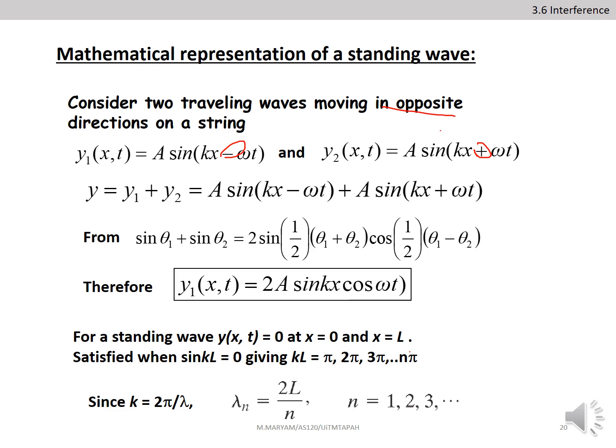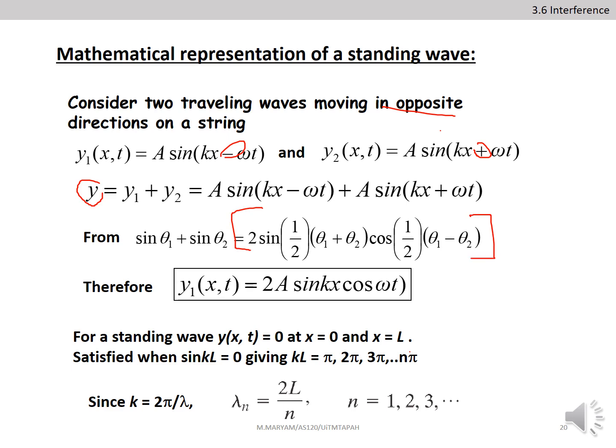So we add both equations, y1 plus y2, A sin(kx − ωt) plus A sin(kx + ωt). Then from the trigonometric identity, check back the formula, sin θ1 plus sin θ2, we get this equation. I will not show you the detail, we just simplify the equation.